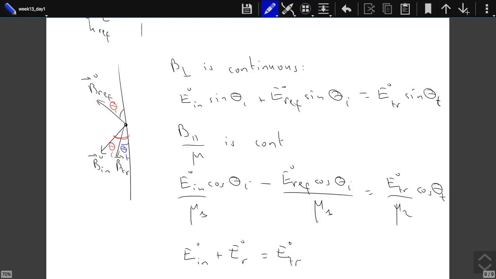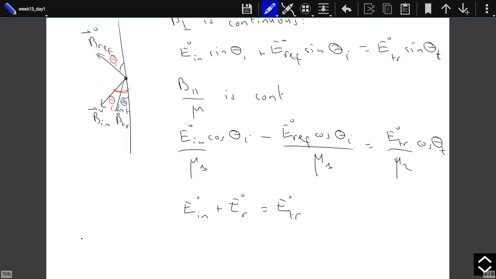We have 3 equations but 2 unknowns. So either 2 of these equations are independent and the third one depends on the other one, or we will run into a problem. So let's try to solve the first 2. We already know theta incident is given, and transmitted theta we know from Snell's law. So the unknowns are E transmitted and the reflected amplitudes.